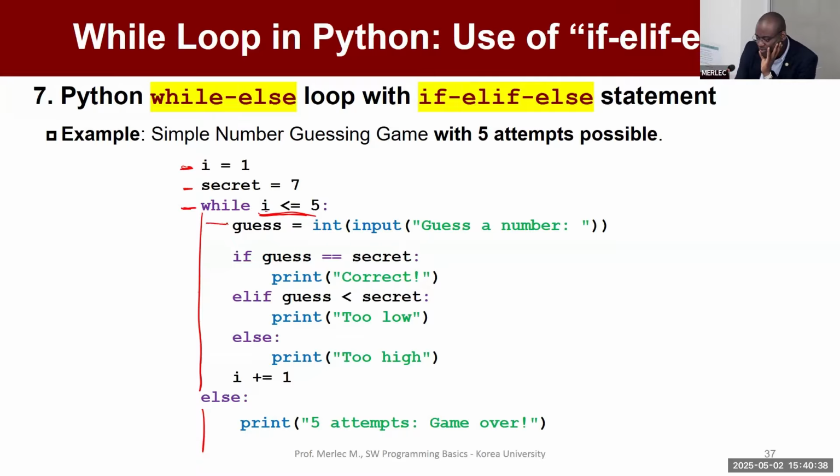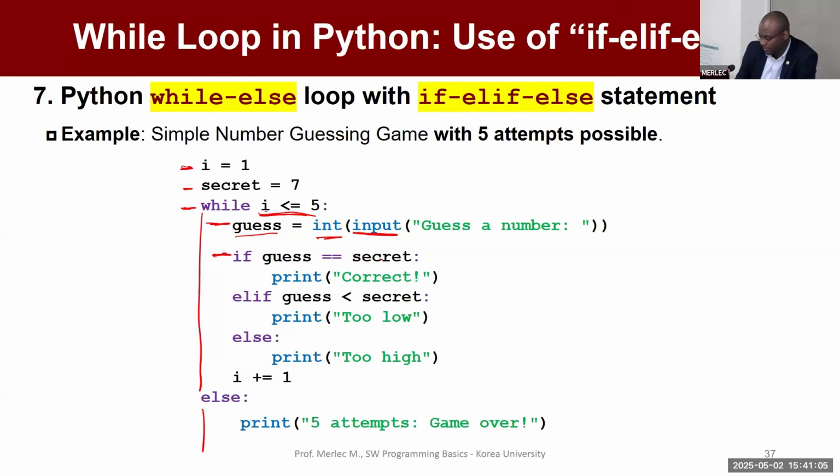First of all, I have to ask the user to provide the input, which should be stored in a variable. I use the guess variable to store the number provided by the user as input, and then I cast that value as an integer. Then I check whether the number provided matches the secret.